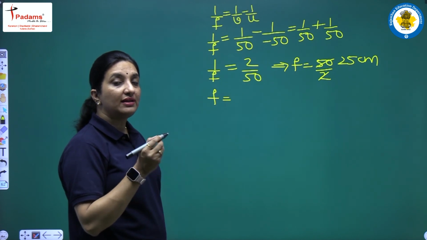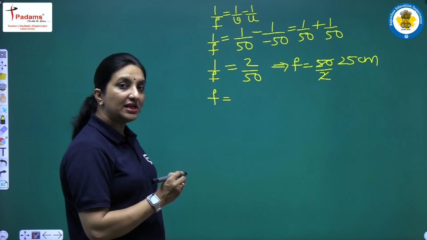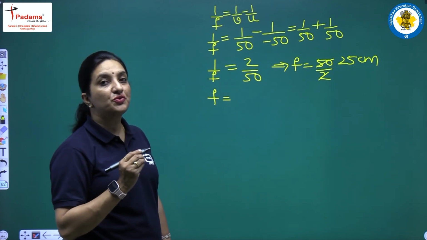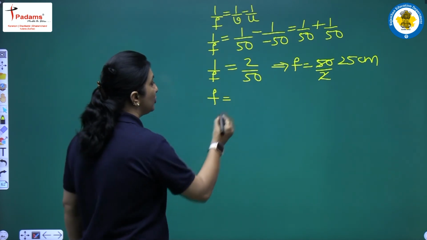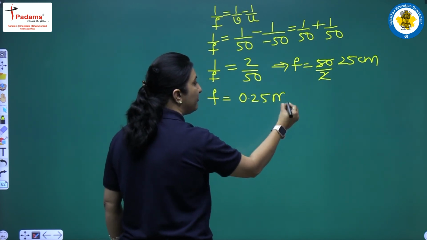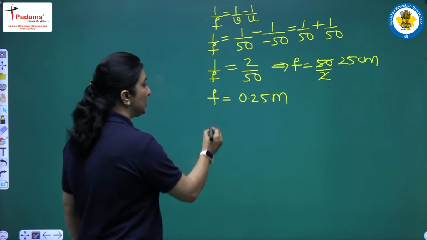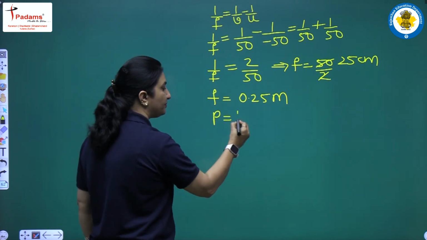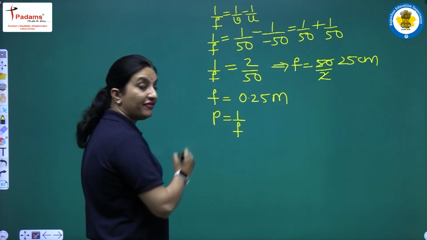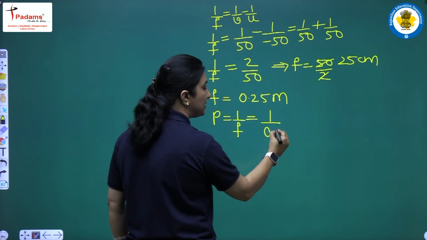Now, students, we have to take the value of f in meters. So, converting this value of f, that is 25 centimeters, into meters, what we need to do is we need to divide it by 100. So, the value of f comes out to be 0.25 meters. Now, we need to calculate the power of the lens. So, P is equal to 1 upon f, where f is in meters. So, we will substitute the value of f in meters.